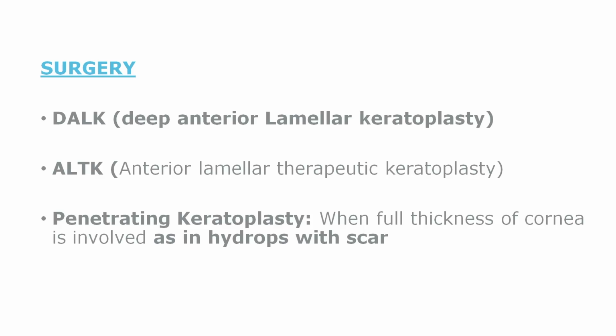This is called anterior lamellar therapeutic keratoplasty. If you pull out the whole of the stroma, or let's say 2/3 of the stroma, and put a new one over it, that is deep anterior lamellar keratoplasty. If you take out the whole cornea and put a new one, that is penetrating keratoplasty. So 3 types of keratoplasties that we can do in a keratoconus patient.